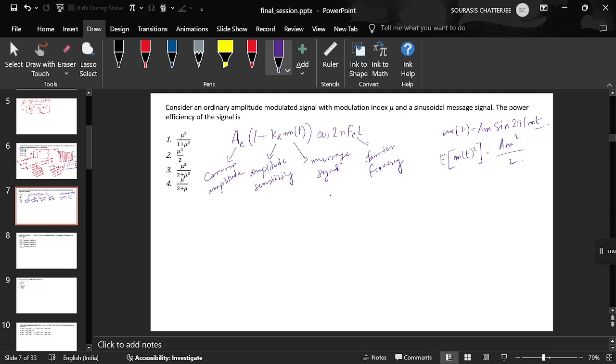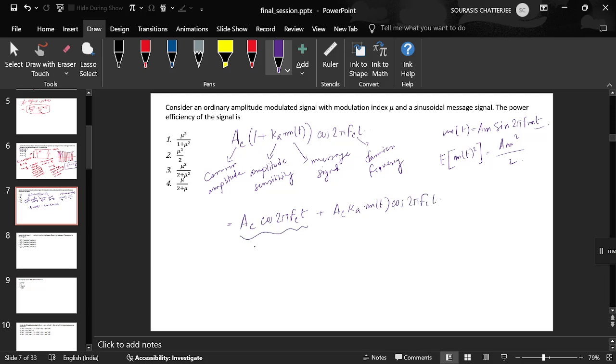So this signal here, if I break it down, is Ac cos 2 pi fc t plus Ac Ka m(t) cos 2 pi fc t.